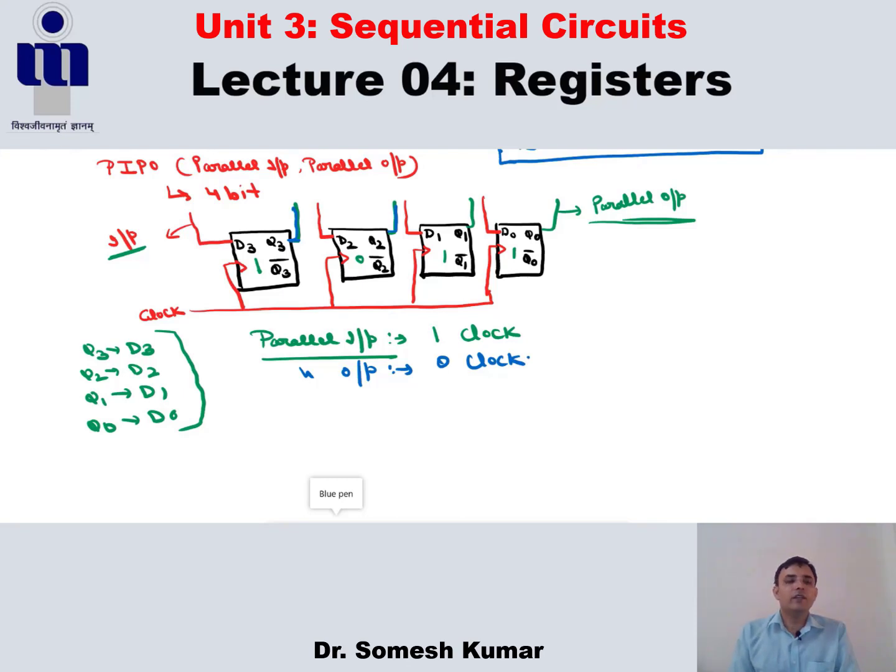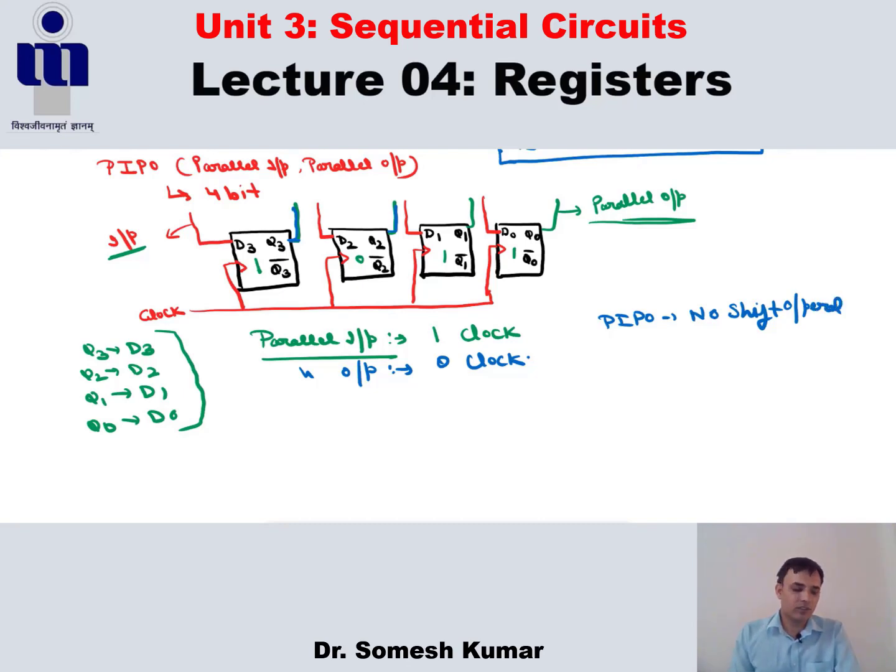So in this PIPO, there is basically no shift operation, while in the SISO and SIPO there is a shift operation. Sometimes SISO, the serial input serial output register, is also called the serial shift right register, because it serially shifts to the right. But in the PIPO, no shift operations are performed.